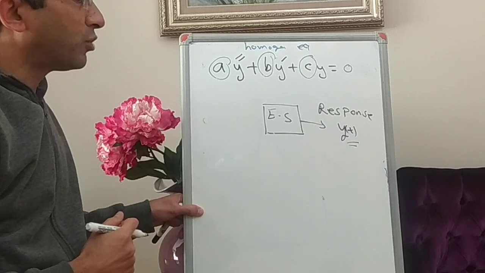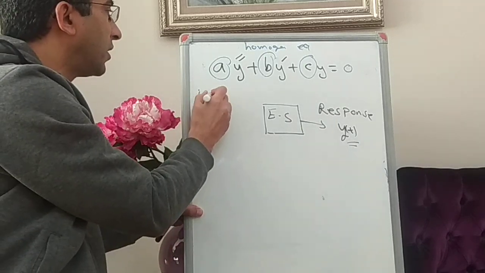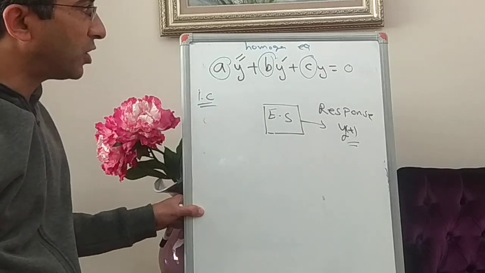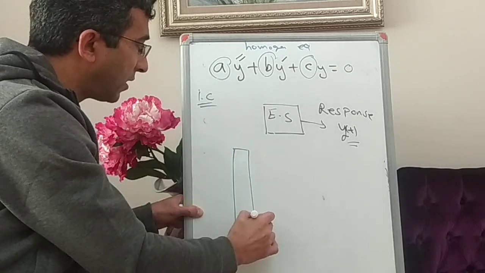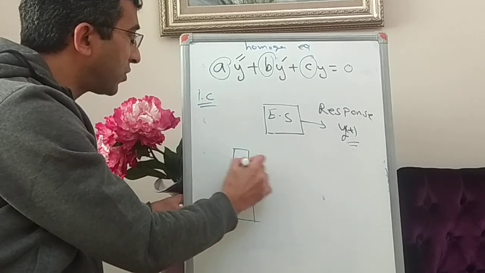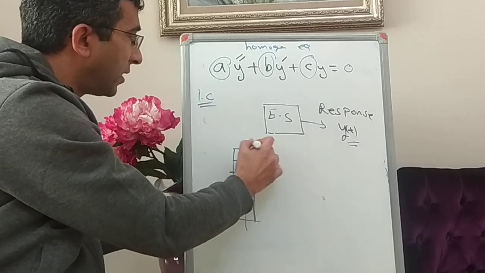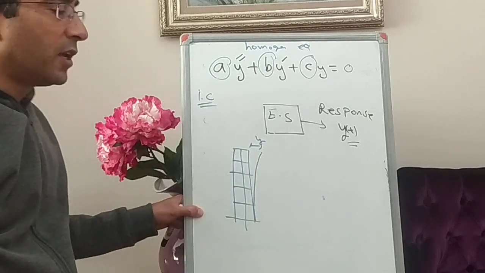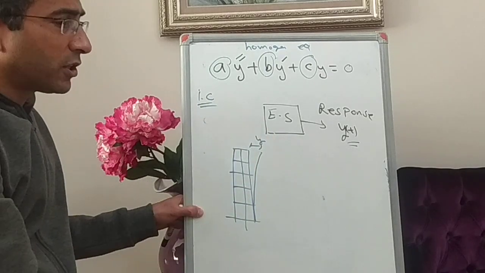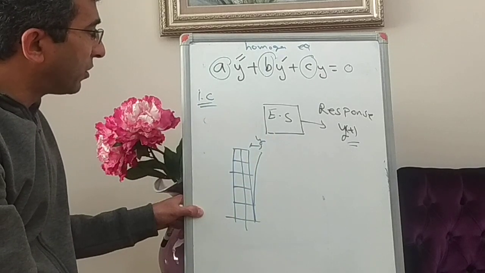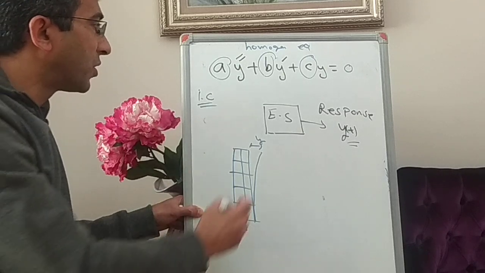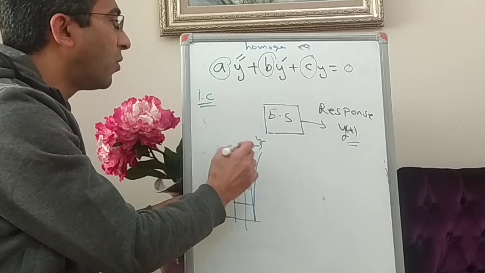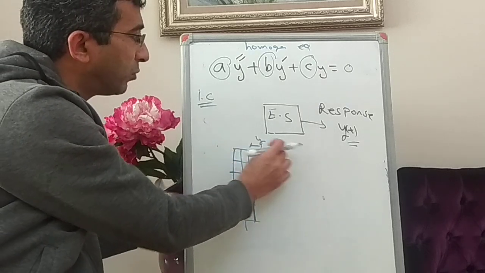Actually, you should have what we call an initial condition. Suppose this is your building and you want to find the response of this building. Usually you give it an initial condition. For example, you give it a pulse force, or you pull it with a crane.